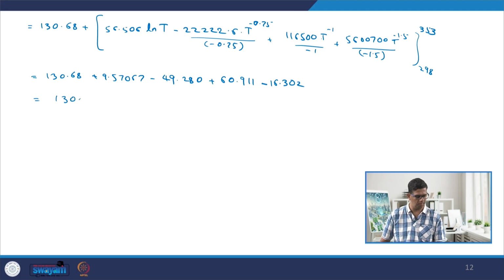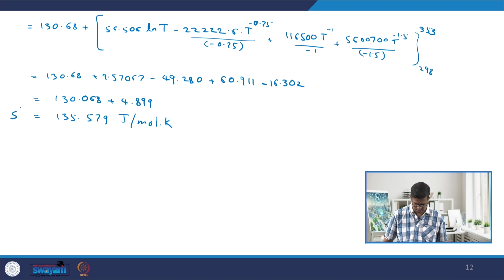It is 130.68 plus 4.899. So it is ultimately 135.579 joules per mole per Kelvin. This is entropy of hydrogen. So we have first solved the entropy of hydrogen, which is one of the reactant species.